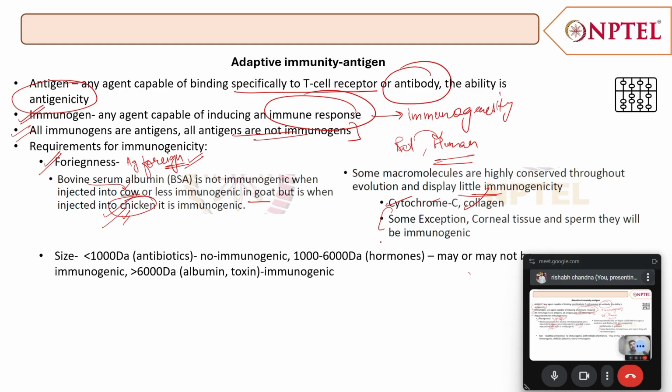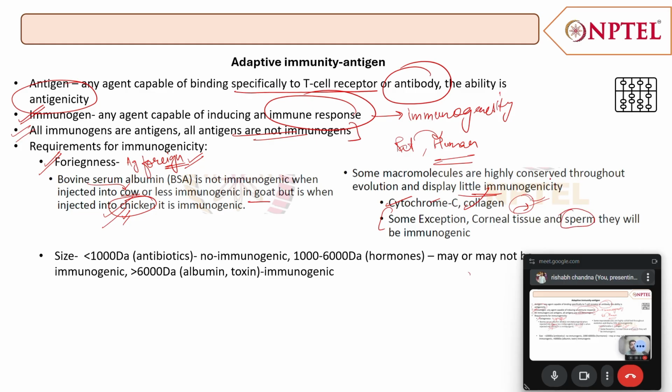Why? Because the corneal tissue, for example, doesn't have any blood vessels. So the region is actually not recognized by the body. If we change it, the immune response will not be elicited. But if the corneal tissue comes into contact with the body, that will elicit an immune response, although it is from the same organism itself. Then we have another thing, that is sperm.